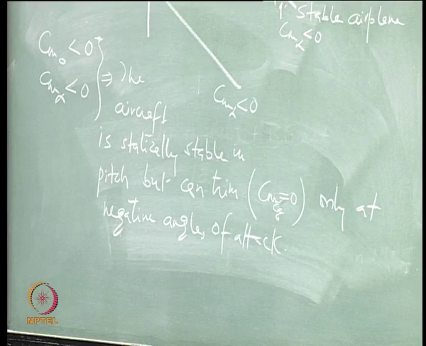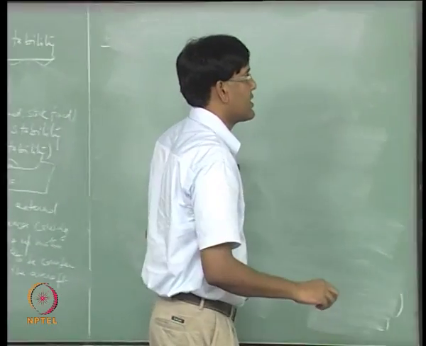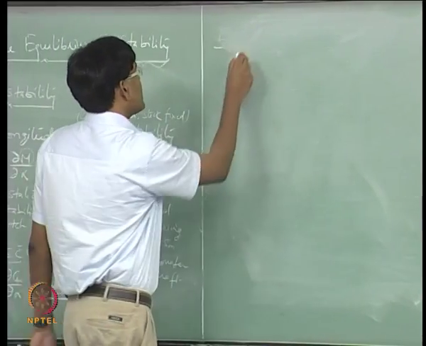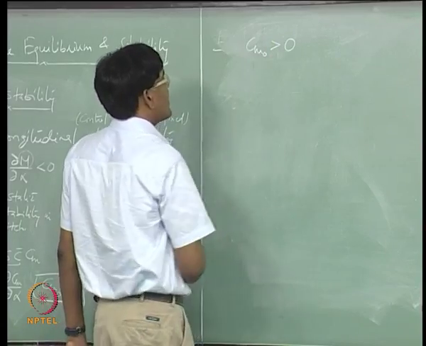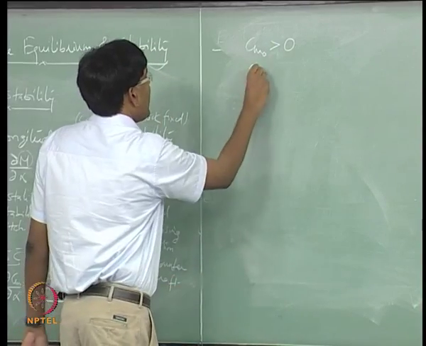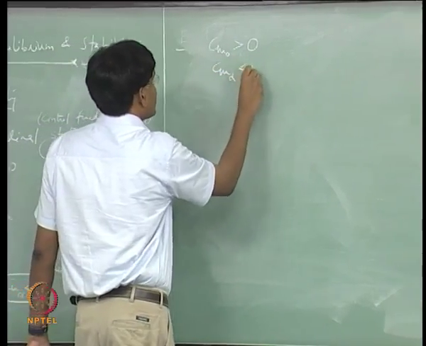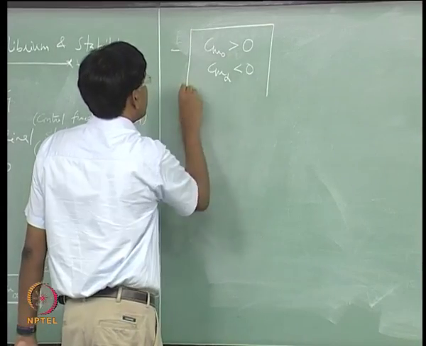Okay. So, there are two things that an aircraft designer will keep in mind as far as this Cm alpha curve is concerned. One thing is the aircraft must have Cm naught which is positive and Cm alpha which is negative.